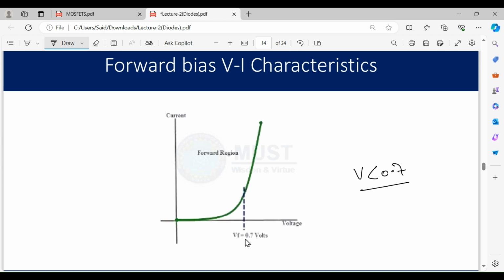When we have voltages greater than or equal to 0.7 volts, then our current will start flowing, and when we have voltages greater than 0.7, then our current will increase immediately, and these are the VI characteristics of a diode.